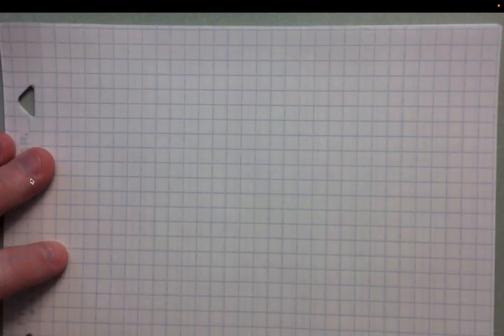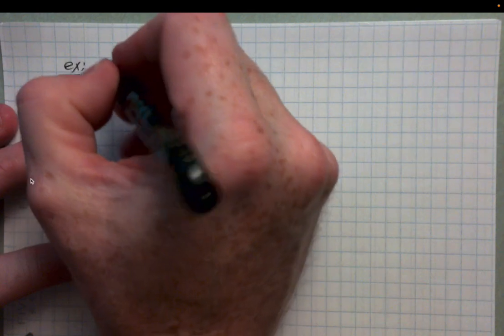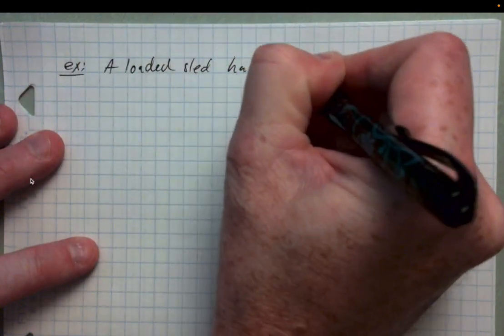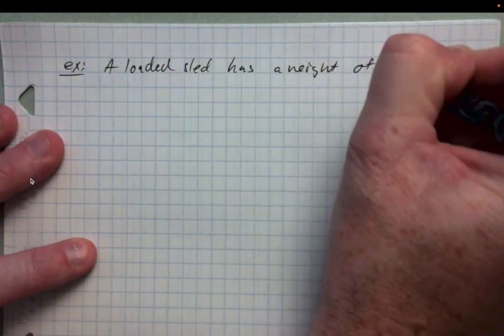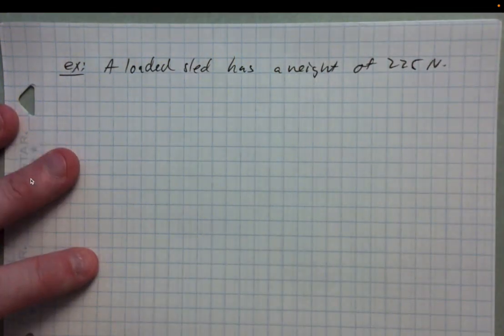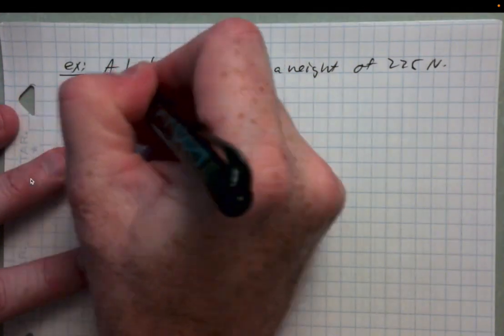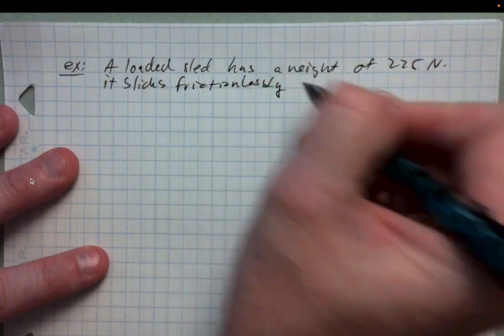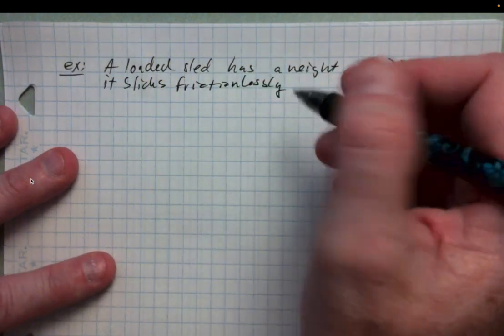Next example. Let's do one that's a little trickier. It's got a little bit trickier setup. So a loaded sled has a weight of 225 newtons.